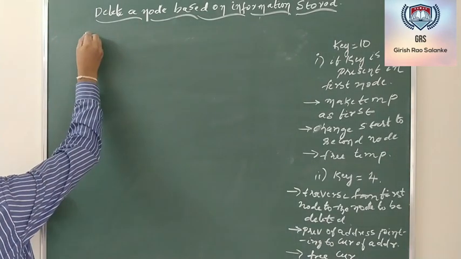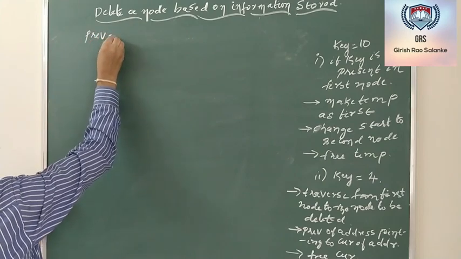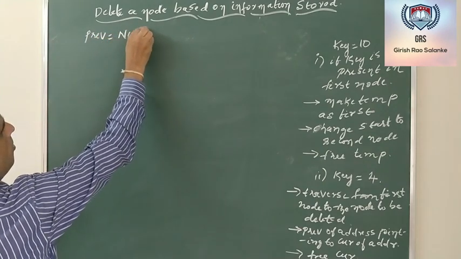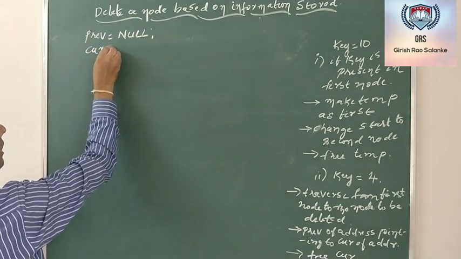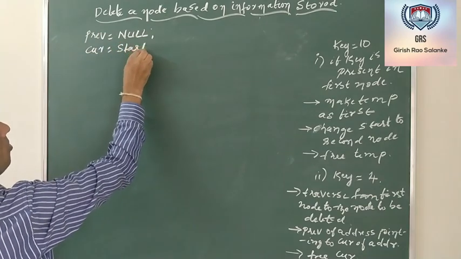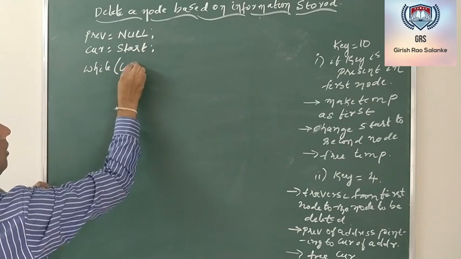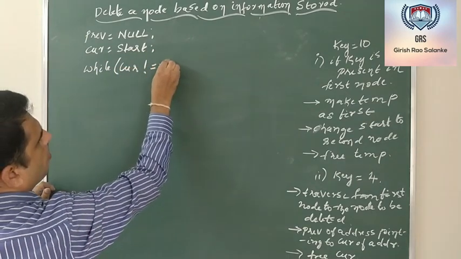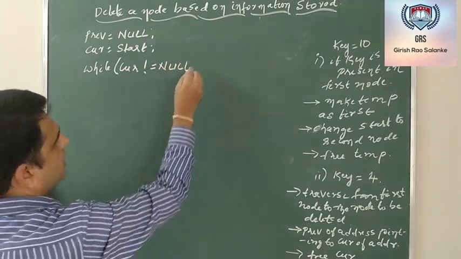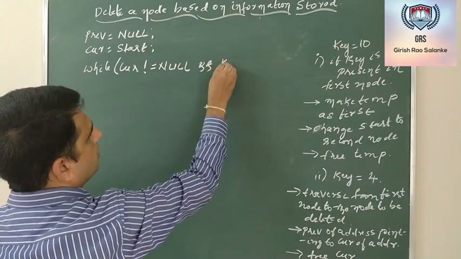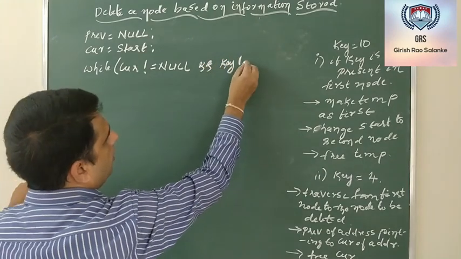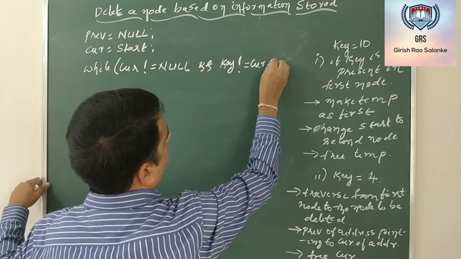So previous is equal to null, current is equal to start, while current not equal to null and the second condition, key not equal to current of data.